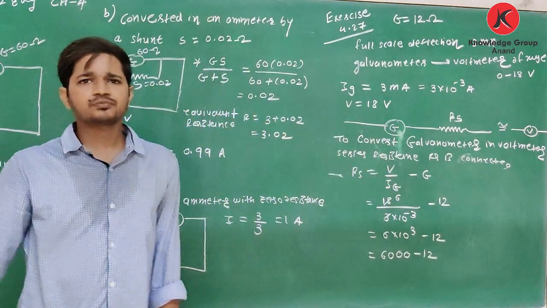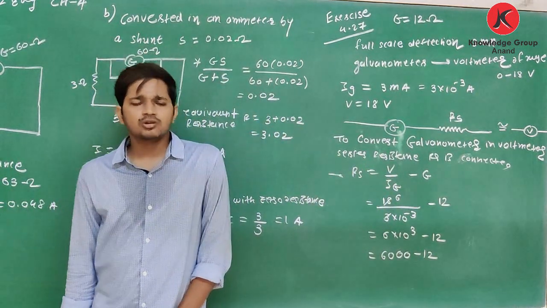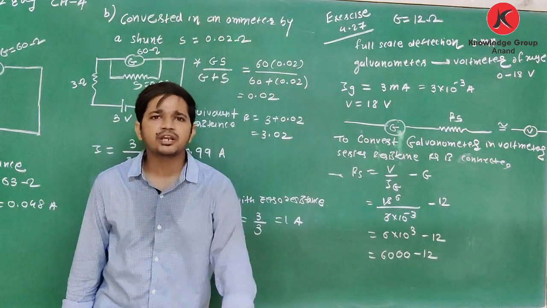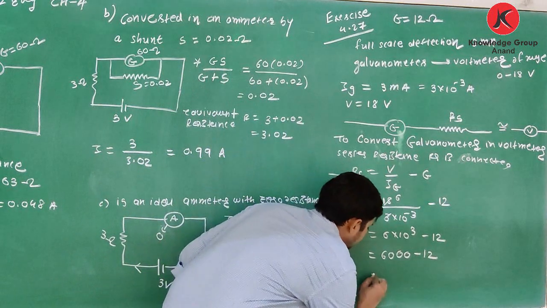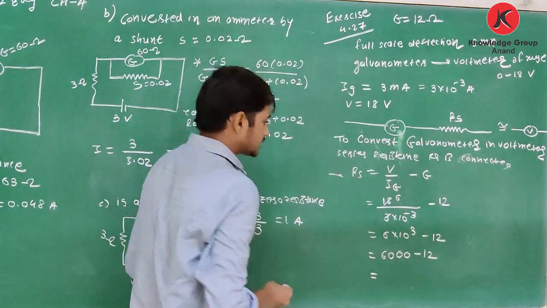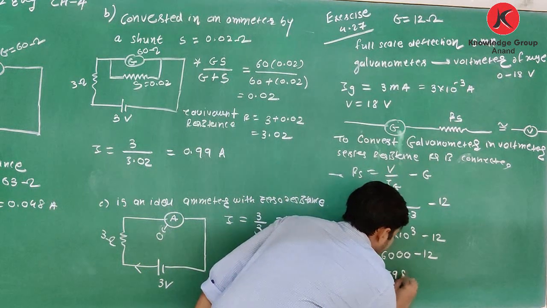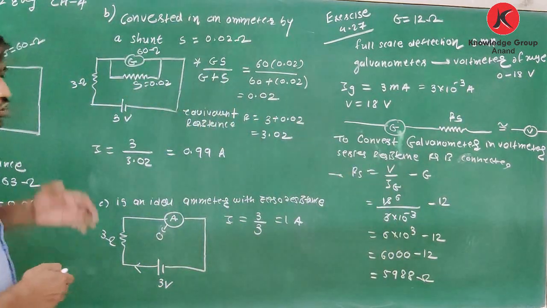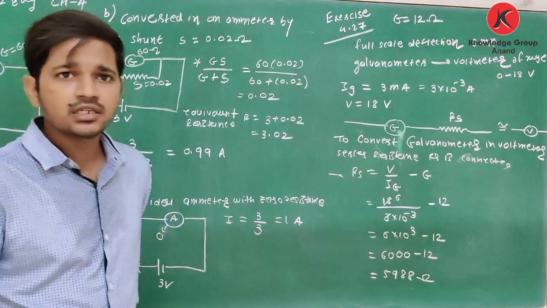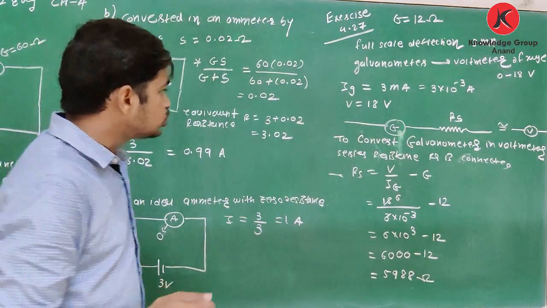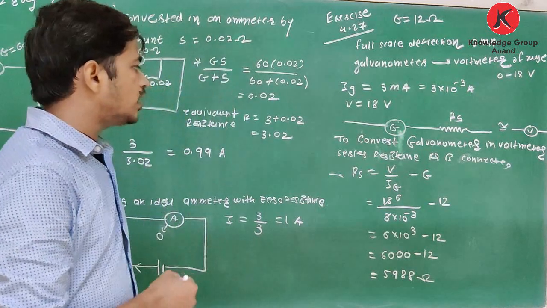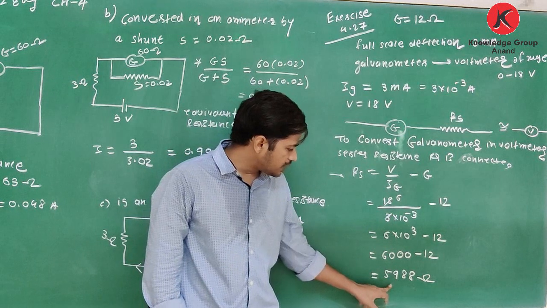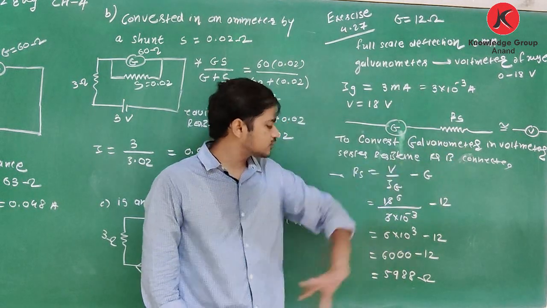Clear about this? Any doubt? So 6000 minus 12, you can easily find your answer. What is the answer? It is 5988. So to convert galvanometer into voltmeter, you have to connect one series resistance having value 5988 ohm in series with galvanometer.